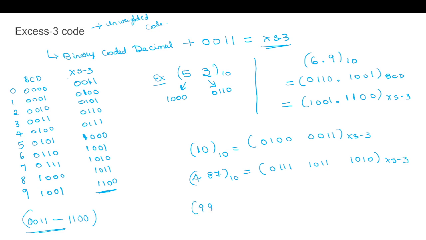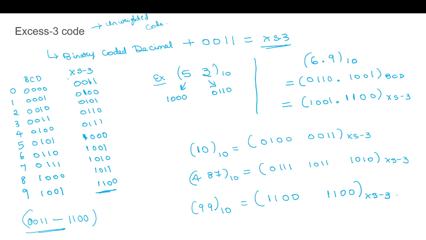In the same way, for 99, 9 plus 3 and again 9 plus 3. This will be in excess 3. So these are some examples of converting decimal to excess 3 code.